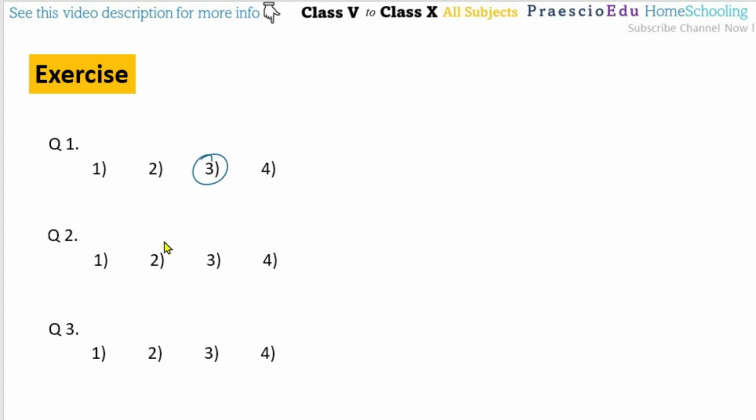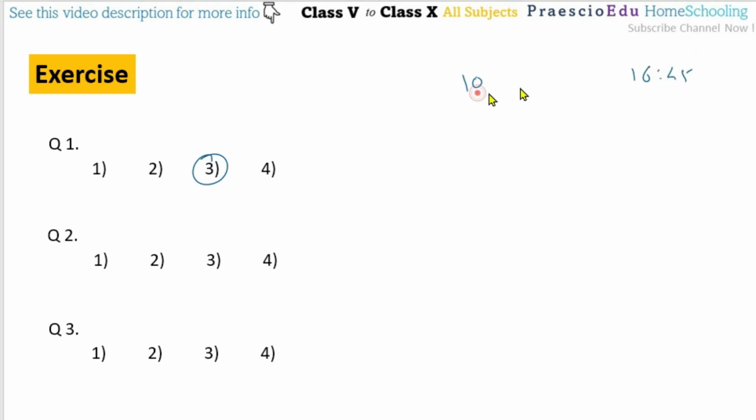Now question number 2. A cricket match started at 10 according to the 24-hour clock. So 10 means 10 am, in the morning. What will be the time according to the 12-hour clock if it ends at 16:45?